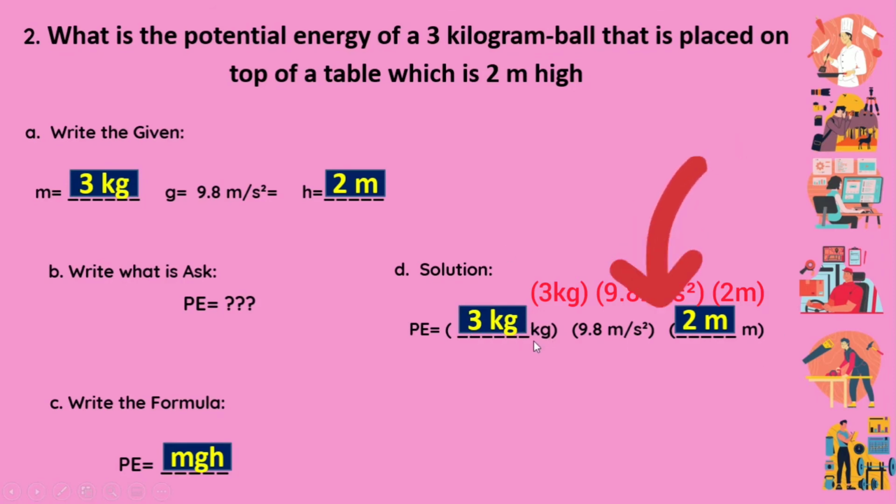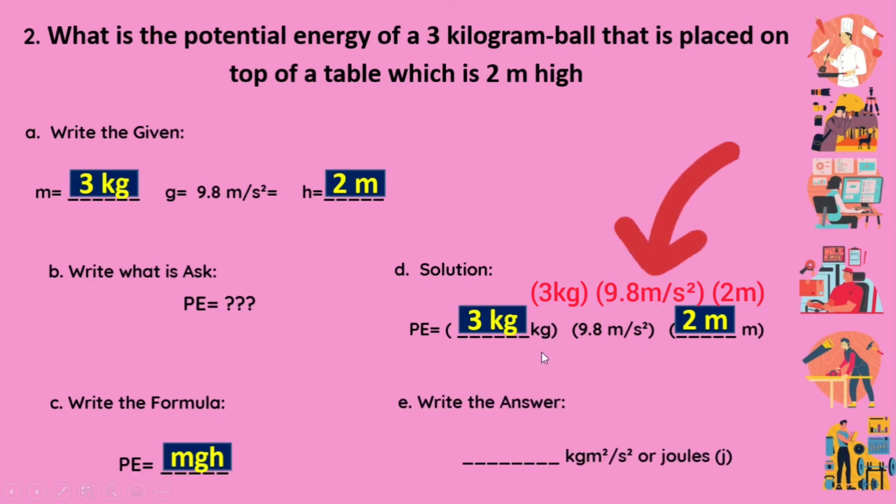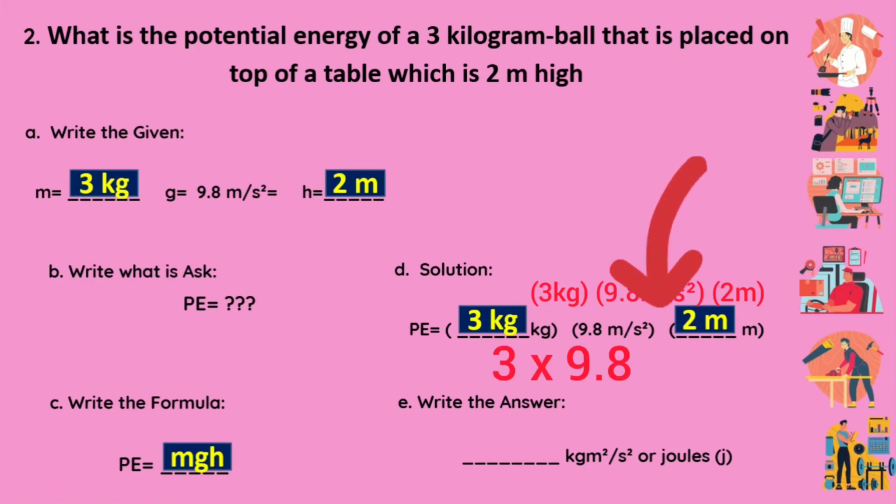Pag kayo nag-compute sa notebooks ninyo, isa lang yung ilalagay na unit, doble lang dito. Next is your answer. 3 times 9.8. Sige nga, try it on your notebook. Pwede you multiply it manually.